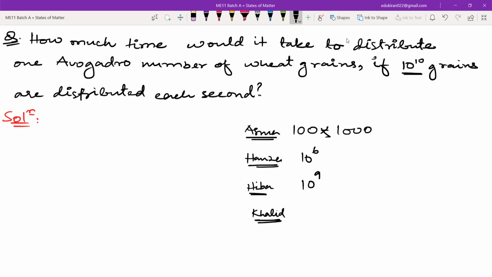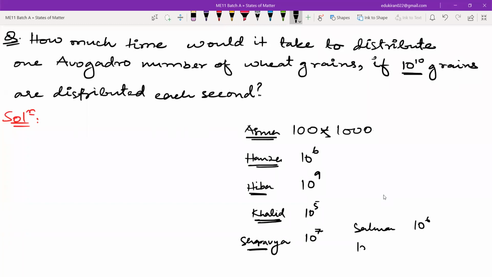Khalid, what about you? Tell me, how much year will it take, approximately? I think 10 raised to 5. Okay, I see. Sharavia, what do you think? 10 raised to 7. Salman? 10 raised to 6.